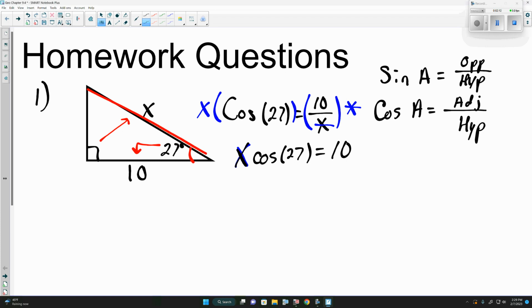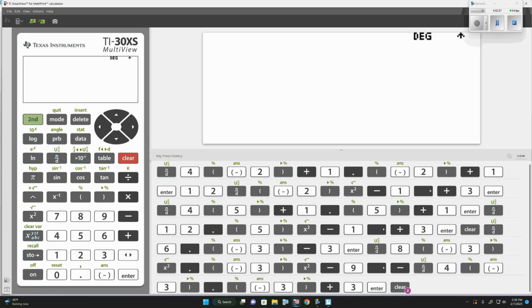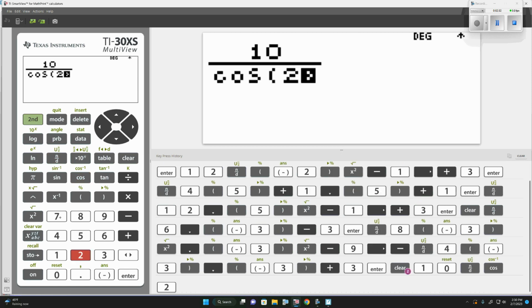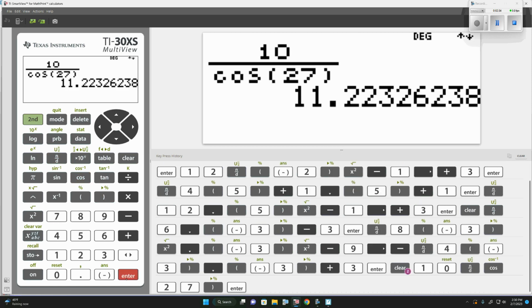No. So at this point we would need to divide both sides by cosine of 27 degrees. Cosine and cosine will cancel. Now in the calculator, we can do 10 divided by cosine of 27 degrees, and hit enter. And we get 11.22.